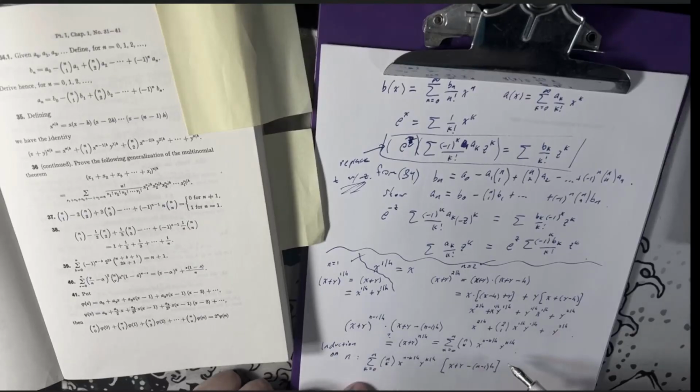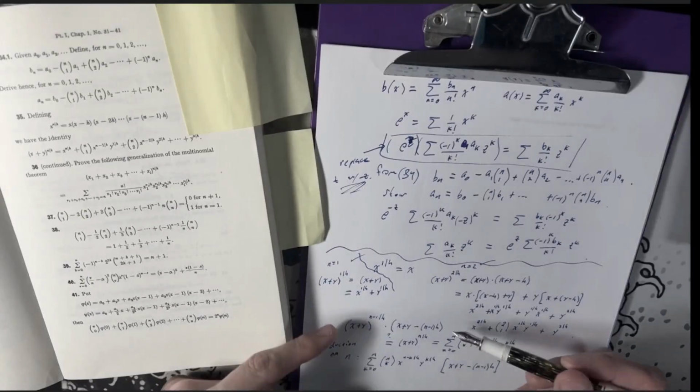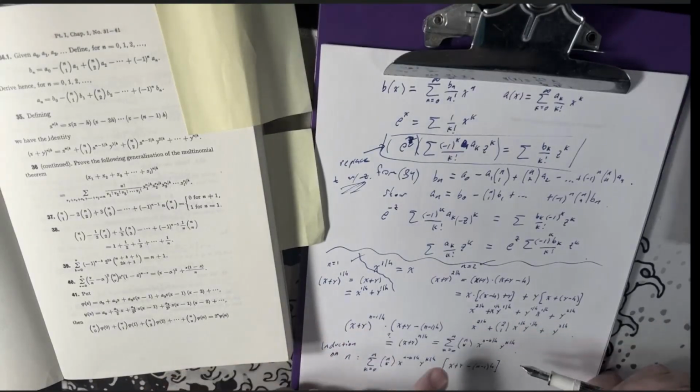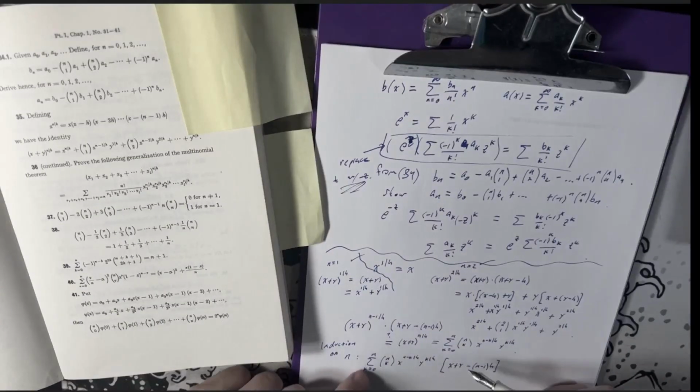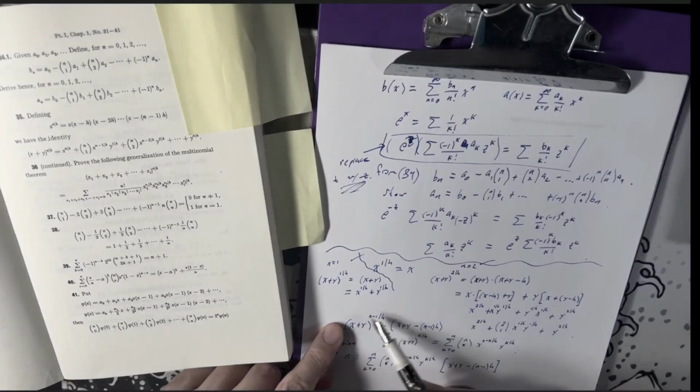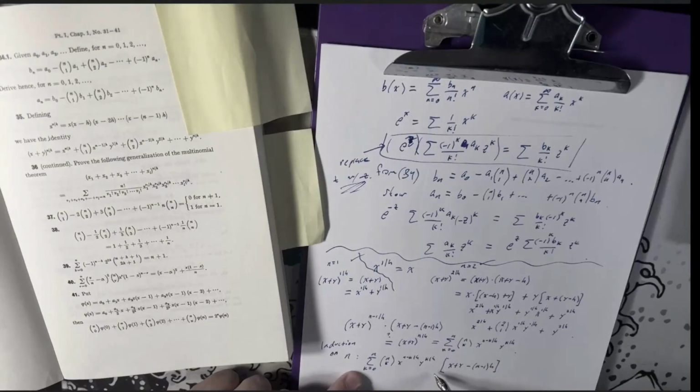So my goal would be to show that this equals this, or in other words, now that we know that this left-hand side is given by this formula, does this times this factor equal this right-hand side? So show that this equals this right-hand side.